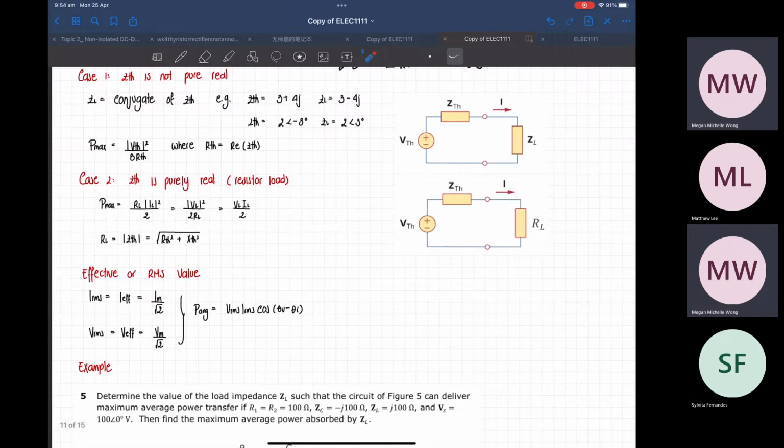And then effective or RMS values: these are assuming a sine or cosine, which is the main case that you guys are going to encounter. So I don't think you need to worry too much about it. It is not a big chunk of the course. Just remember that RMS values of sines and cosines are just the actual value divided by square root of 2.